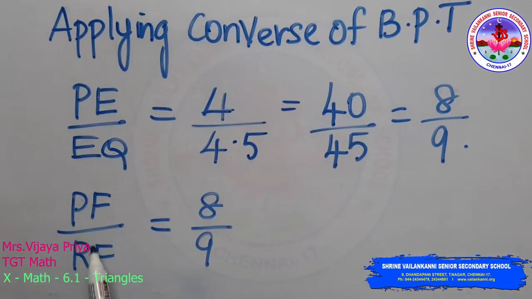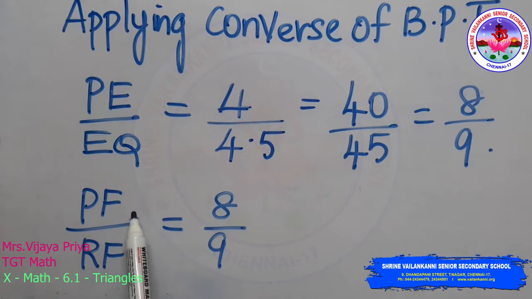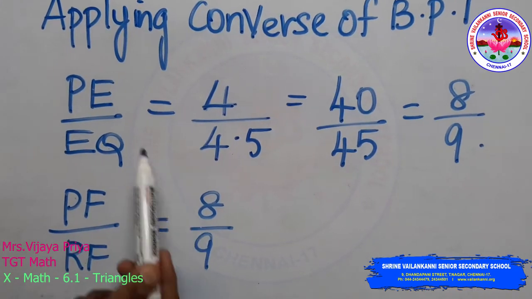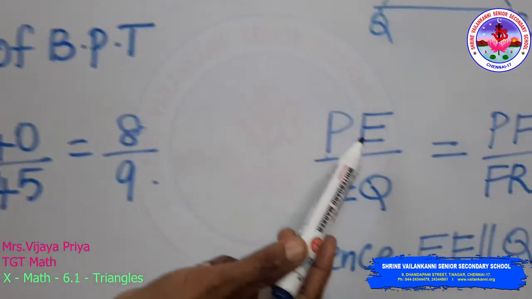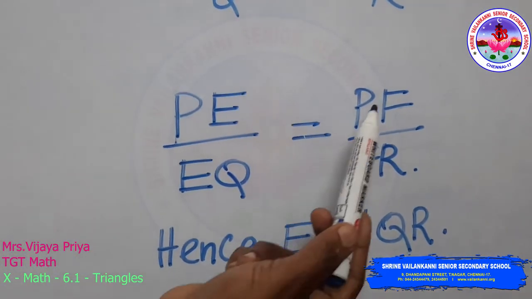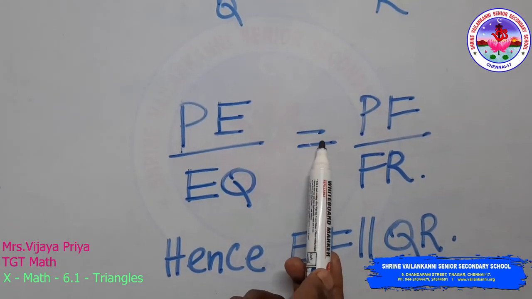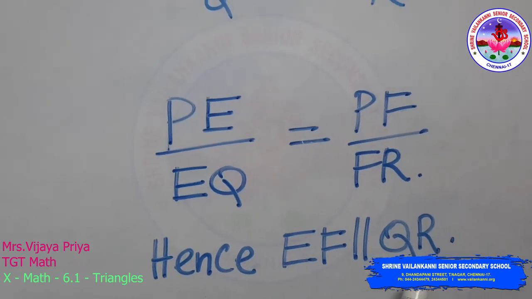Coming to PF by RF, it's given PF is 8, RF is 9, where my PF by RF ratio will be equivalent to the PE by EQ ratio. Hence, PE by EQ is equal to PF by FR. So the sides are in the same ratio. So we proved that EF is parallel to QR.